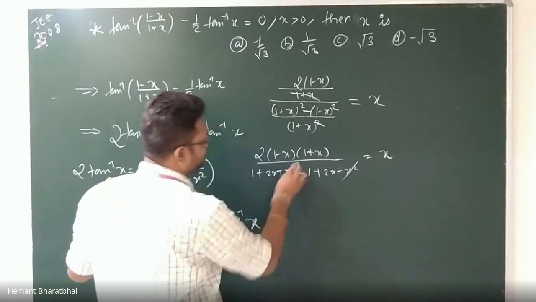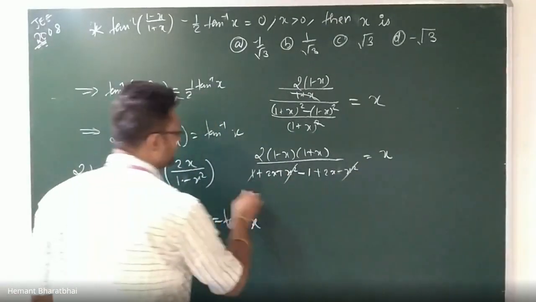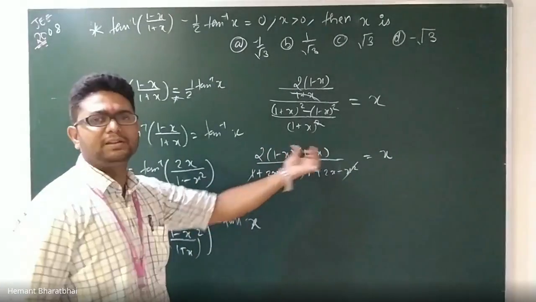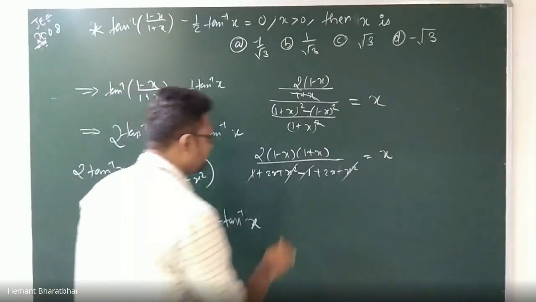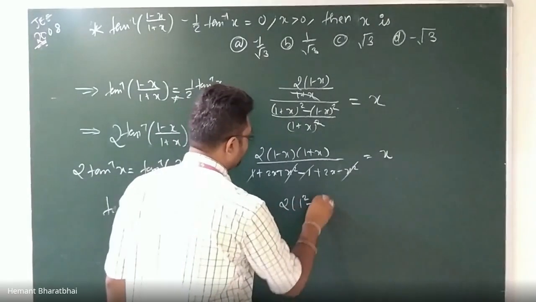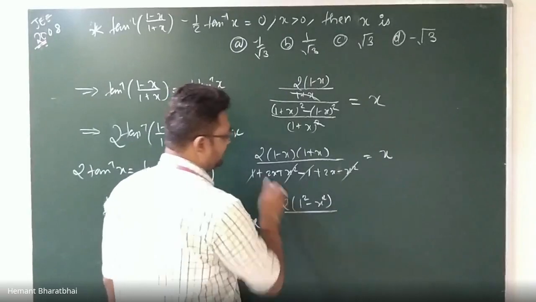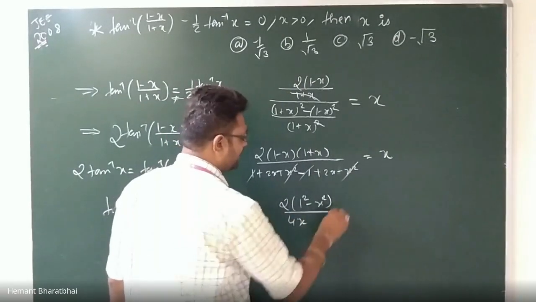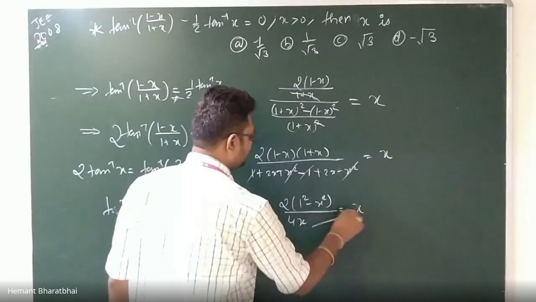So plus x square minus x square will get cancelled, plus 1 minus 1 will get cancelled, and here a plus b into a minus b is a square minus b square. Here I'll get 2 into 1 square minus x square upon 2x plus 2x, which will become 4x, is equal to x.